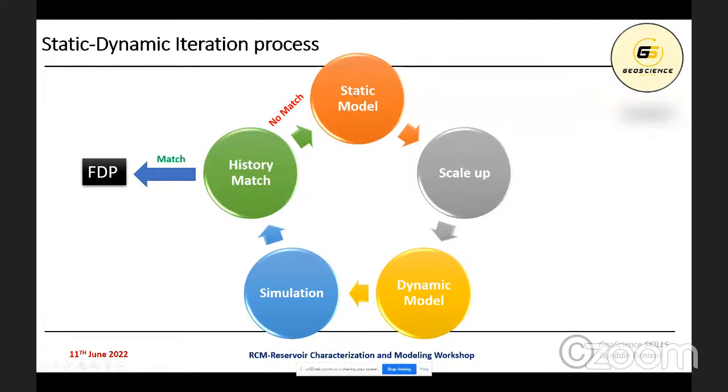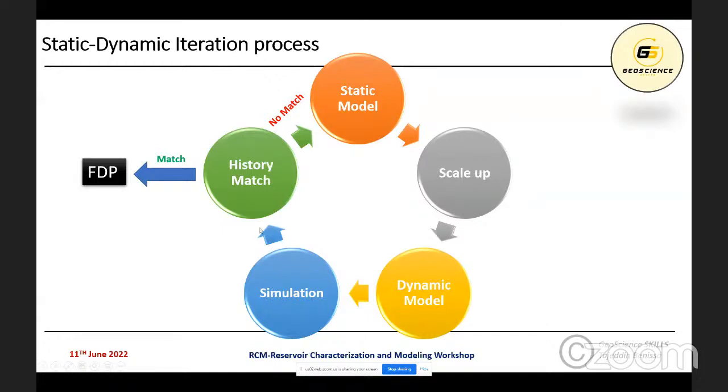When he finishes, he provides the static model to the reservoir engineer to do scale up. What we said about it is that it's transferring the fine grid into a coarse grid. Then after that, the reservoir engineer takes the dynamic data, from pressure to production to relative permeability, puts it into the dynamic model and runs simulation.